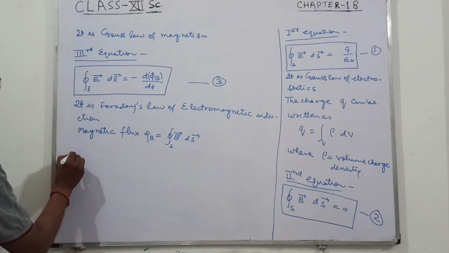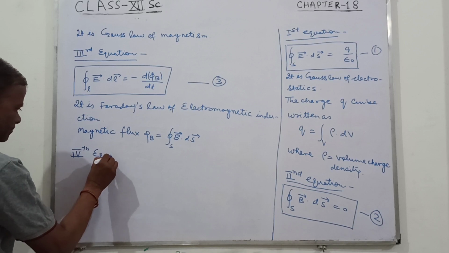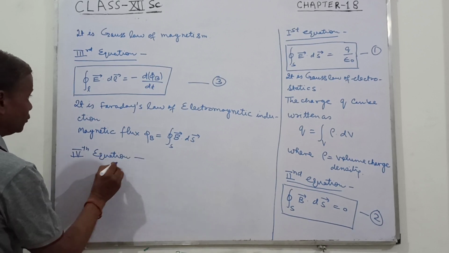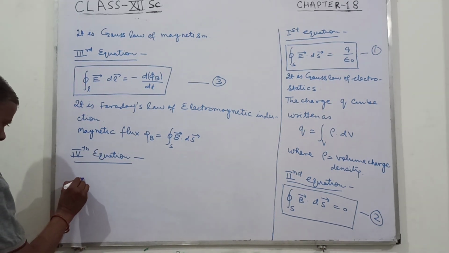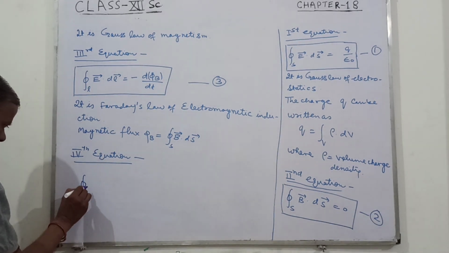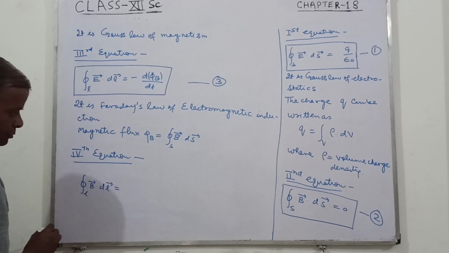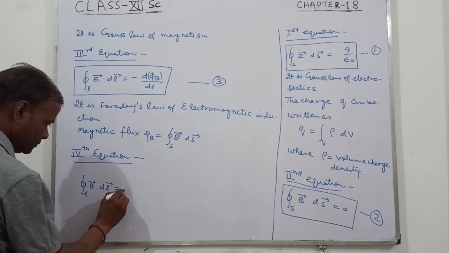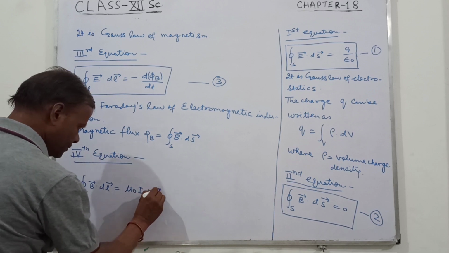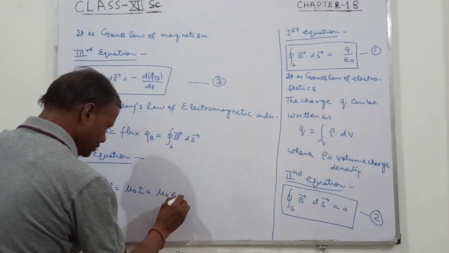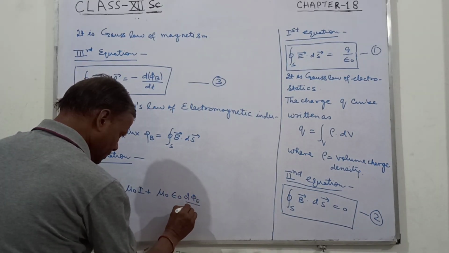And now the fourth equation: line integration B dot dl is equal to mu naught I plus mu naught epsilon naught d phi E upon dt.